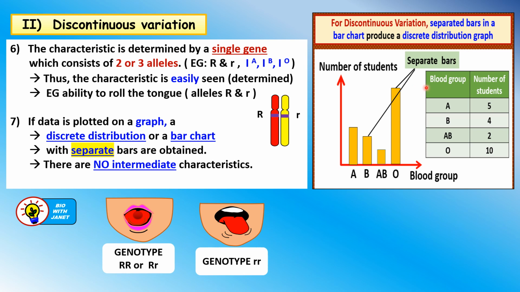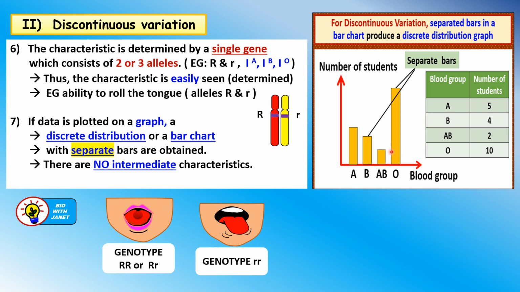Here is a table showing the blood group of some students in my class, and these students are of the same gender and the same age. Let's look at this discontinuous variation graph. When we plot the graph for number of students against the blood group, which is the trait, we have to draw separate bars, like in a bar chart.